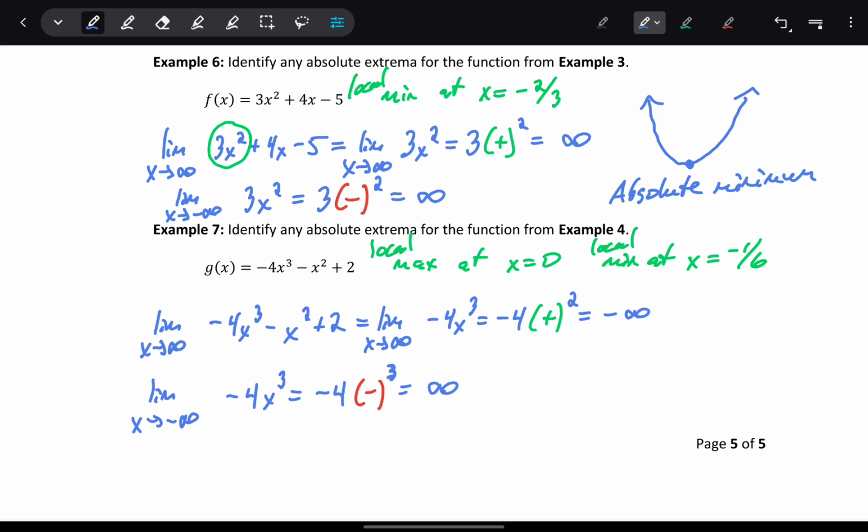Since our function is headed to negative infinity on one end and positive infinity on the other end, it doesn't matter what's happening in between. Any extrema that we identified are just local extrema. So no absolute extrema exist.